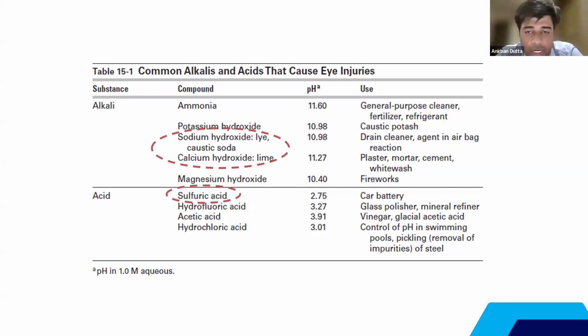We encounter a lot of patients who have injury due to plaster, mortar, cement. All of this is because of lime or calcium hydroxide. And patients who have injury due to drain cleaners will be having this because of sodium hydroxide or lime. Among acids, the commonest acid injury which we encounter is due to acid from the car battery or inverter batteries. So this will be sulfuric acid.